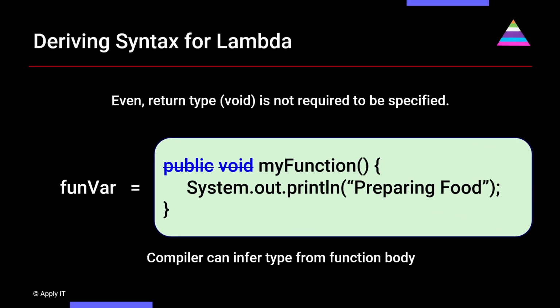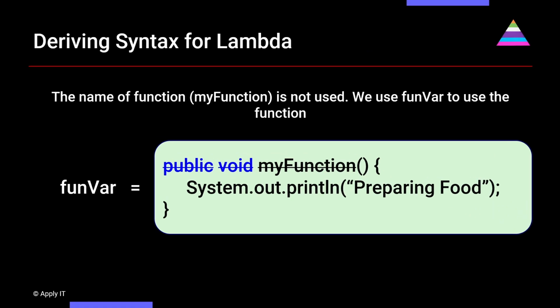In the same way, the void keyword is also not required, because the compiler can infer the return type of that function by looking at the body. Here this function is not returning anything, so the compiler can easily infer that the return type is void. So we also remove the return type. Now the name of the function, that is my function, is also not required, because we assign this function as a value to the fun variable.